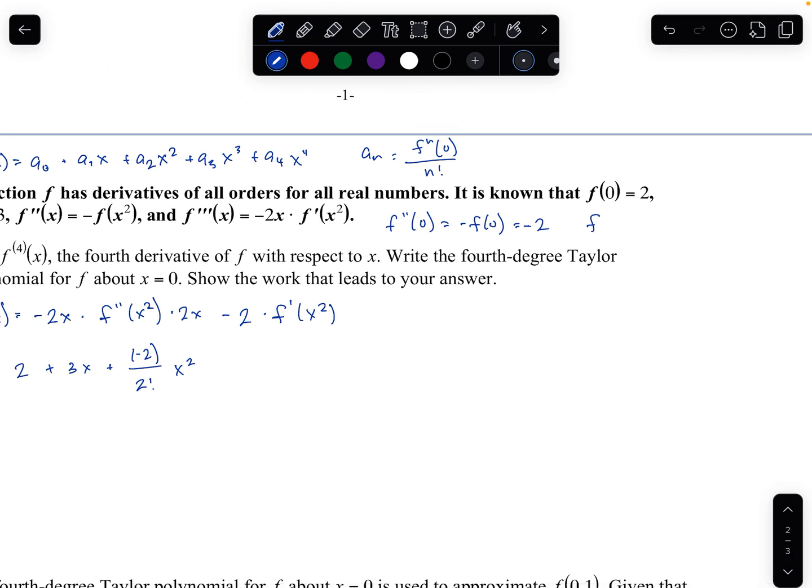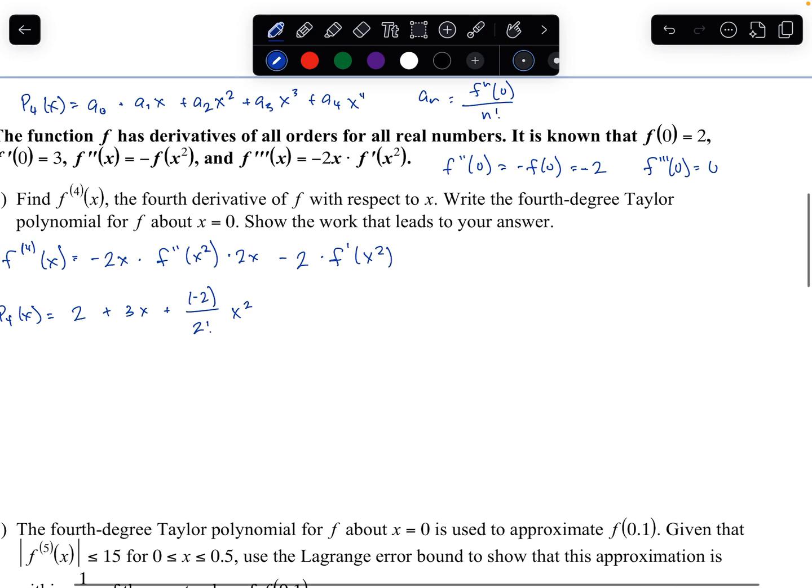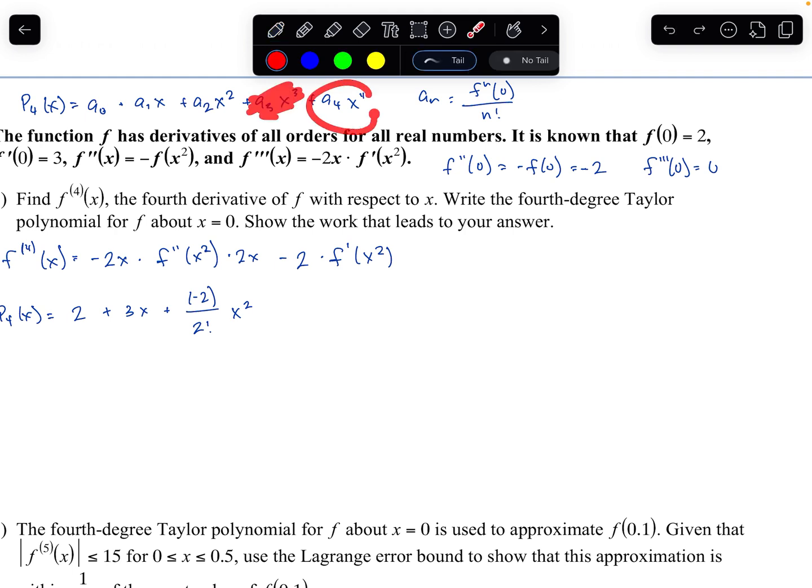So the third derivative at 0, the third derivative here is going to be 0. As soon as I plug in 0 here, everything else is going to be 0. That means that x to the third is just going to be 0, so I'm not going to even write that. And then fourth, we need the fourth derivative at 0 divided by 4 factorial.